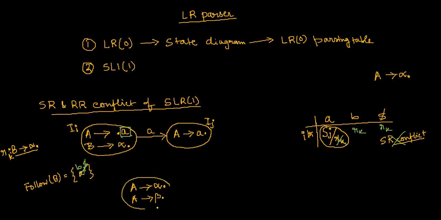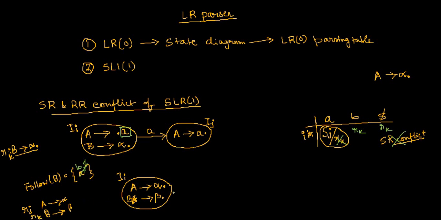This can be a possible state, say ith state, and assume that this reduced move A to alpha is rule number J, and B to beta, this particular reduced move, is say rule number K.